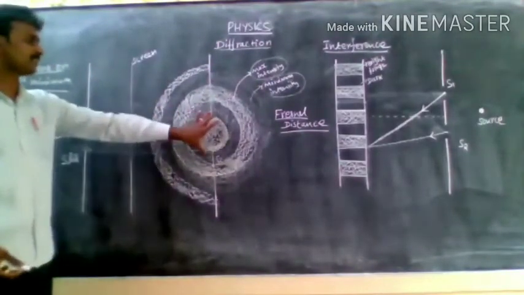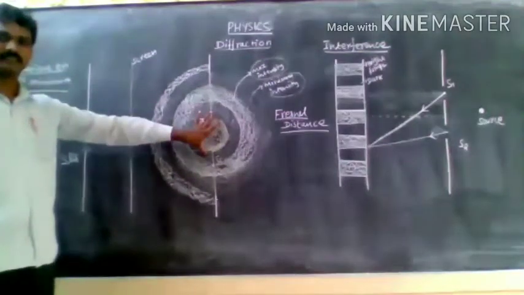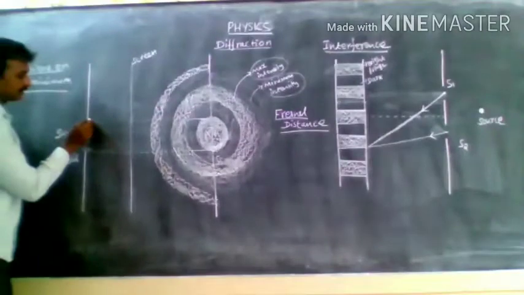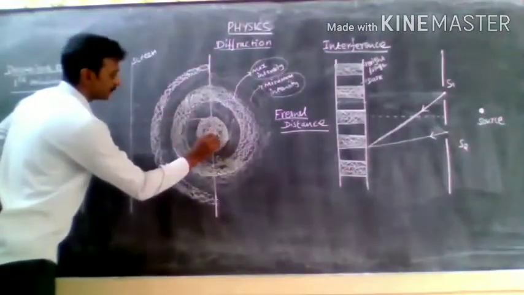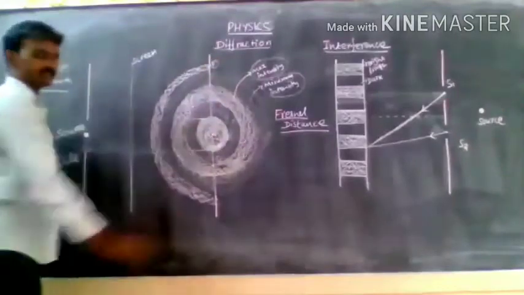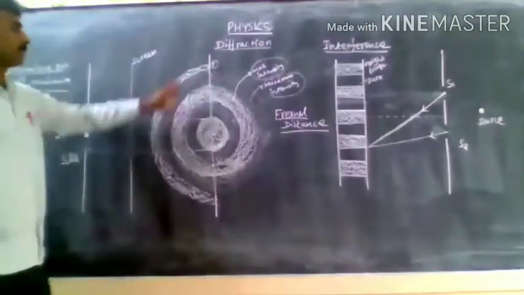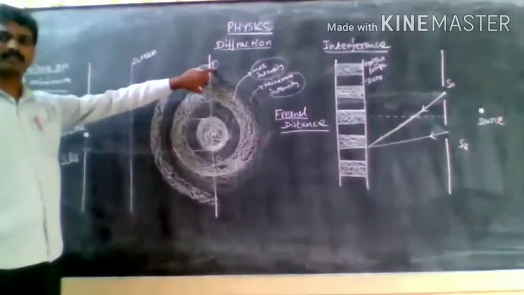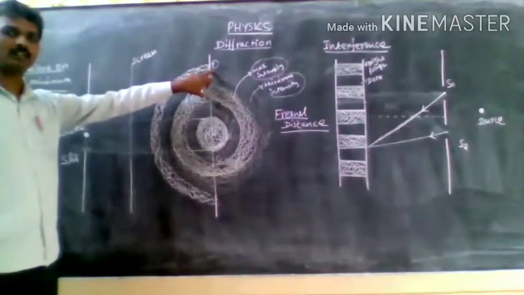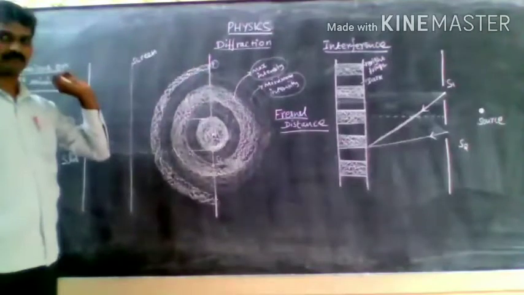The center point always appears bright, because whether a point on the screen is a maximum or minimum intensity point mainly depends on the path difference between the waves.